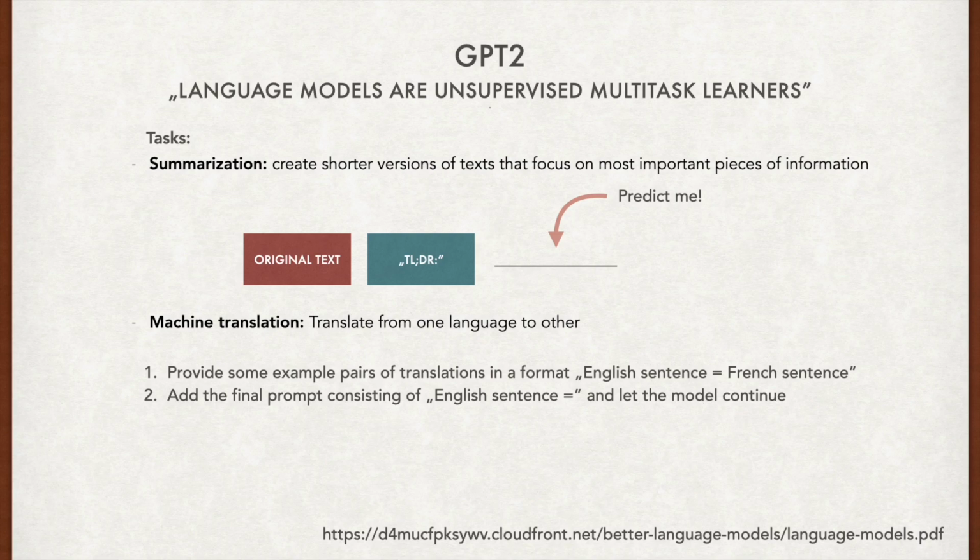The prompt contains several examples of pairs separated using the equal to sign. The authors focused on translation from English to French, so the authors provide several examples as the context first, and then added the English sentence finished with the equal to sign at the end of it.